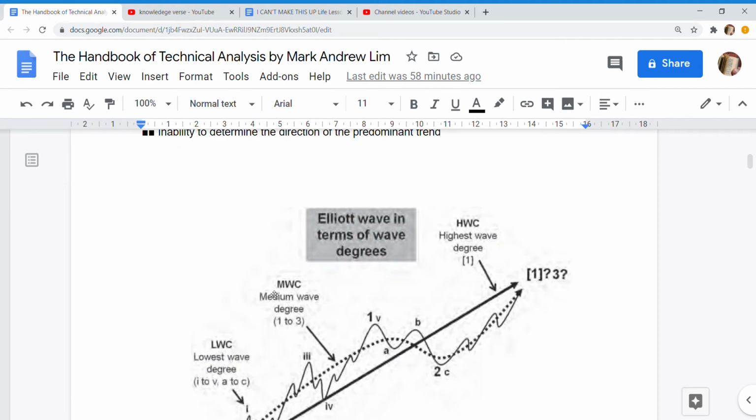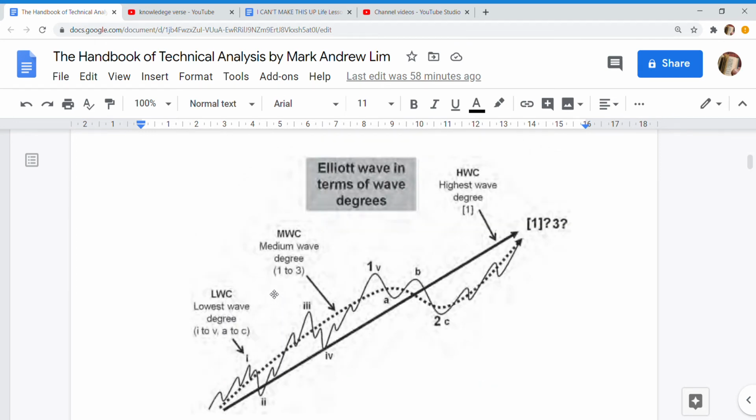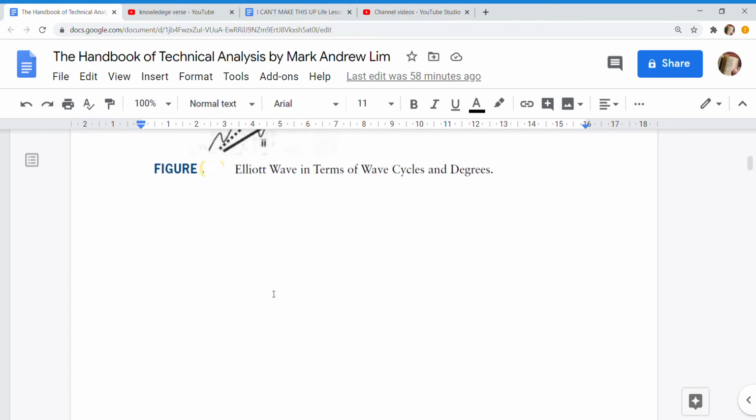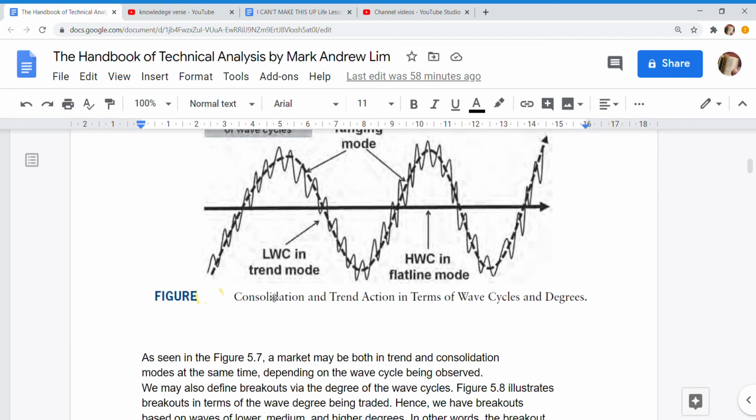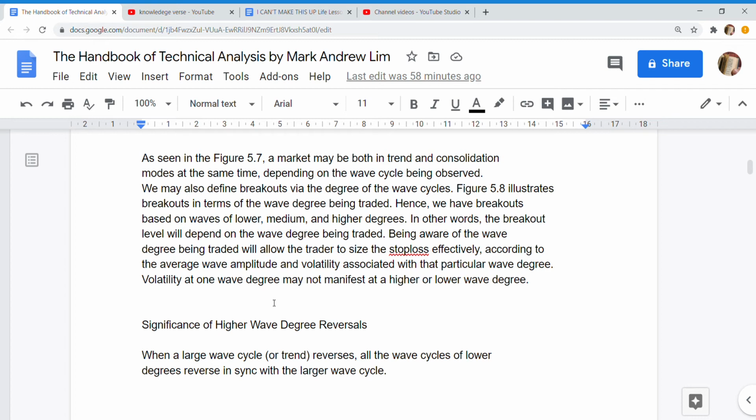As seen in figure 5.7, a market may be both in trend and consolidation modes at the same time, depending on the wave cycle being observed.